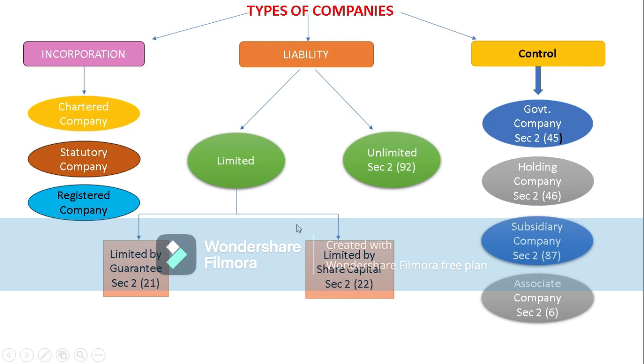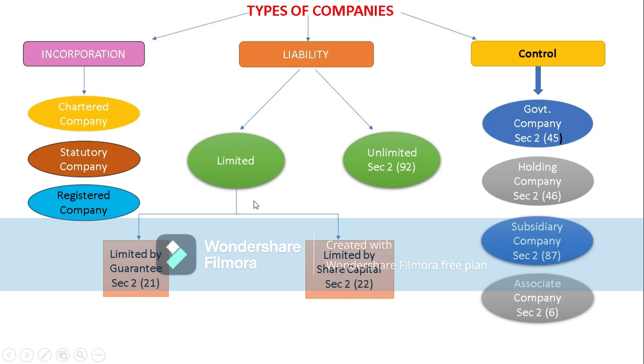Limited liability companies are those companies whose liability is limited only. It can be limited by the number and value of shares, or limited by guarantee. That is, limited may be limited by guarantee or limited by share capital, meaning limited to a certain amount. For example, a shareholder owes 10,000 to the company.